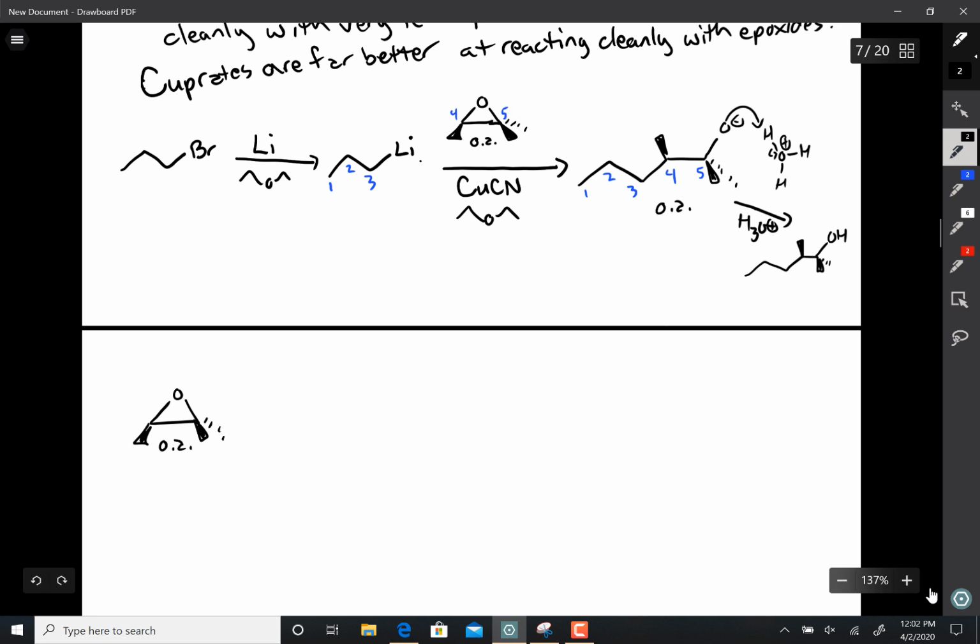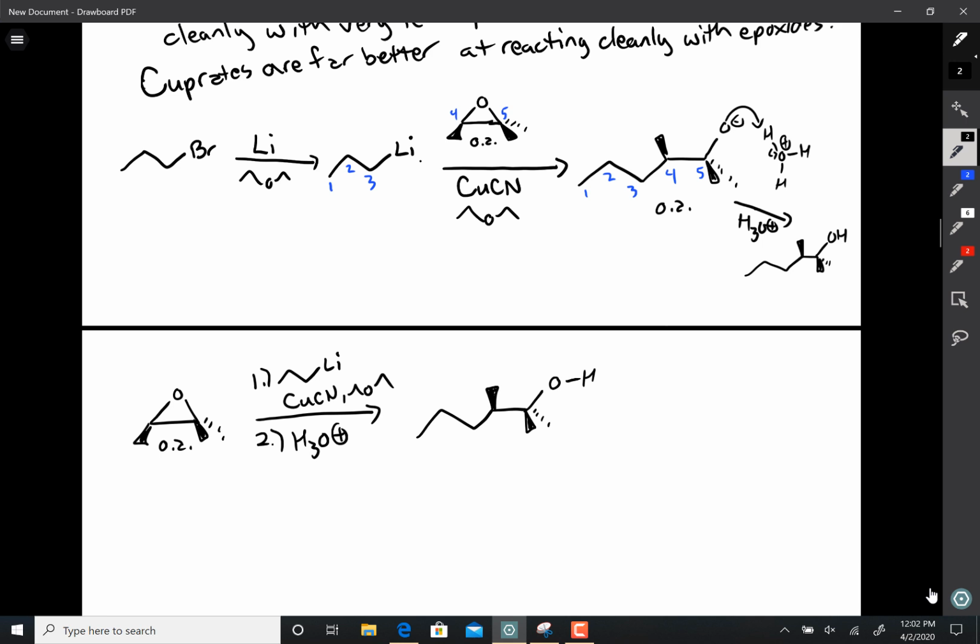Optically active. And we treat the epoxide with the organolithium, copper cyanide, and ether, followed by H3O plus. The product that we get is this product right here. And it's optically active. Okay.